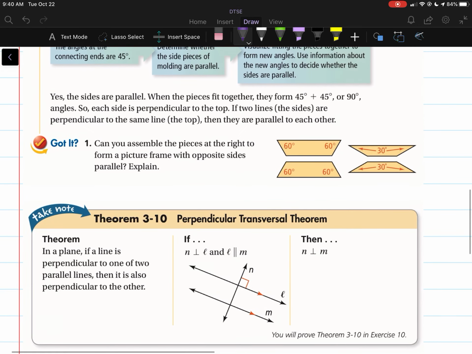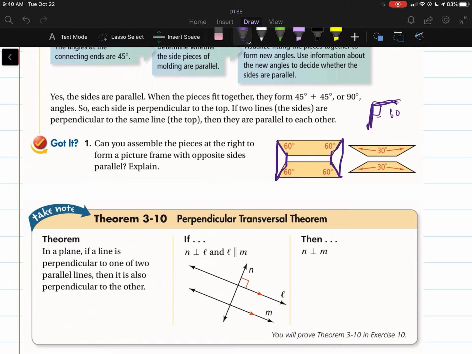So down here, let's see if we can assemble these pieces. If we took these 30-degree pieces and turned them vertical, would they fit right here and right here? The real thing to do is check on these corners here. All right, poor drawing, sorry. Are those 90 degrees?